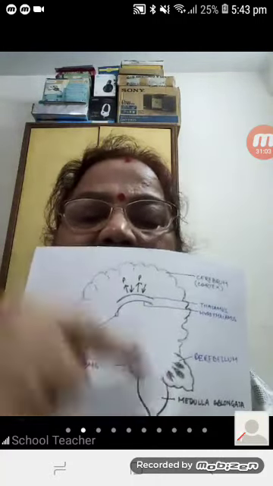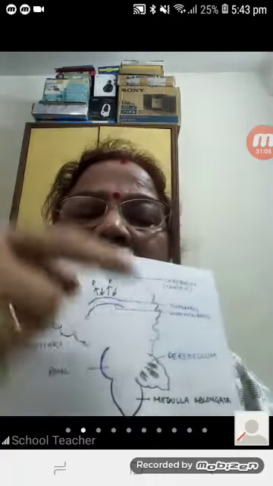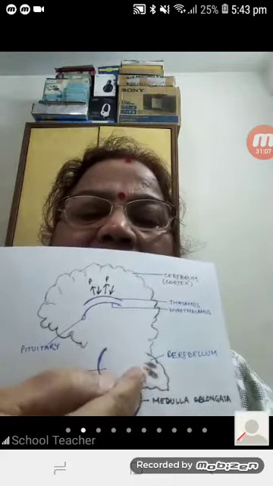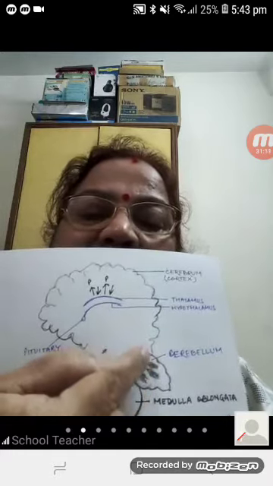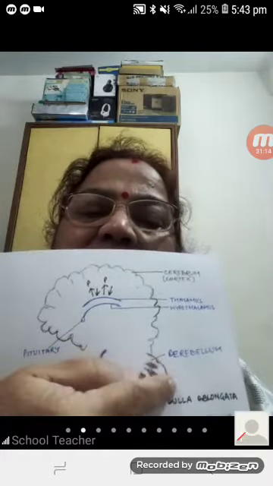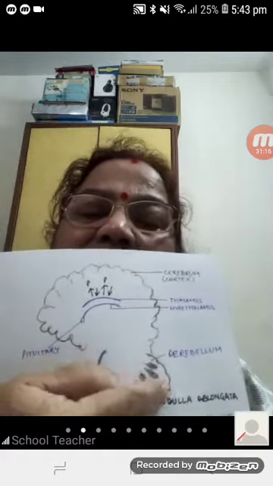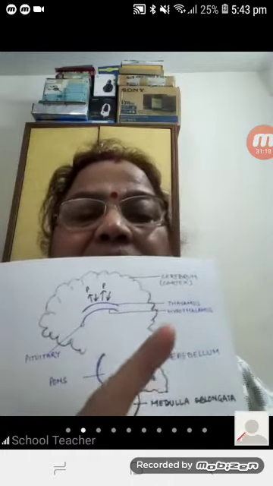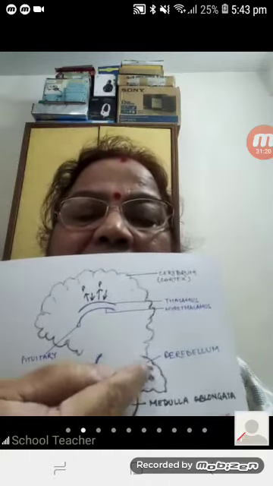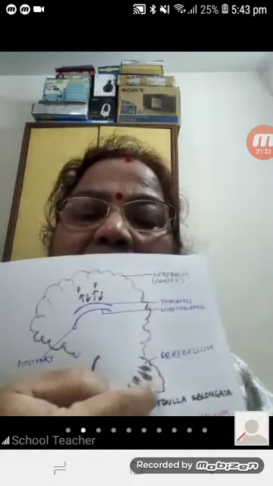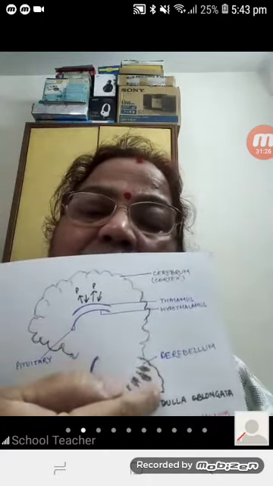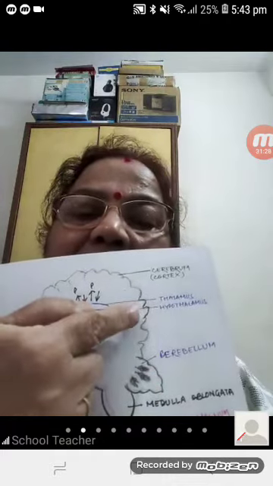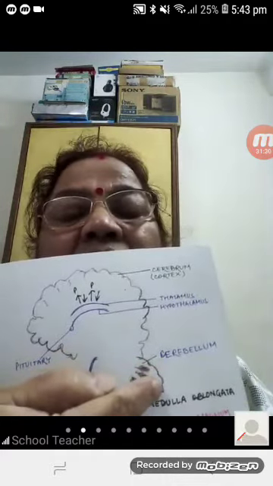Then comes the hindbrain. Hindbrain consists of cerebellum, which is also known as little brain. You can see here, structurally, the arrangement of grey and white matter is same. White matter central, grey matter peripheral. It doesn't have convolution, like cerebrum.